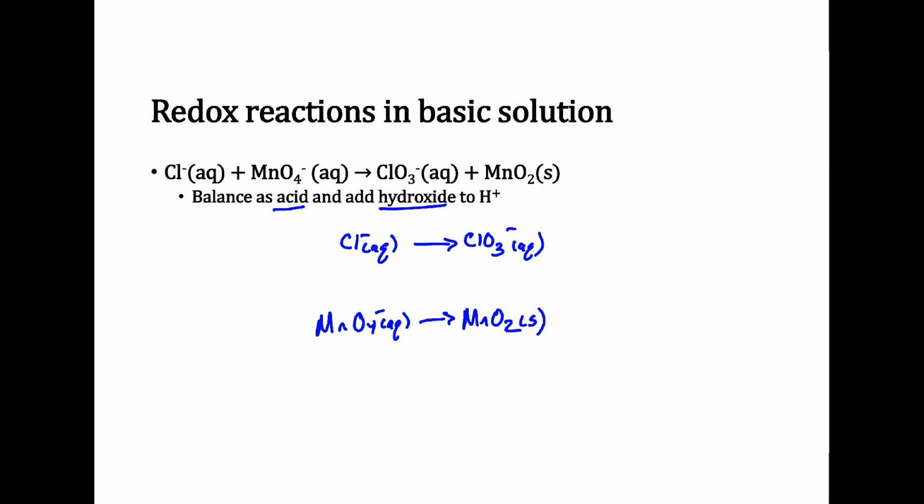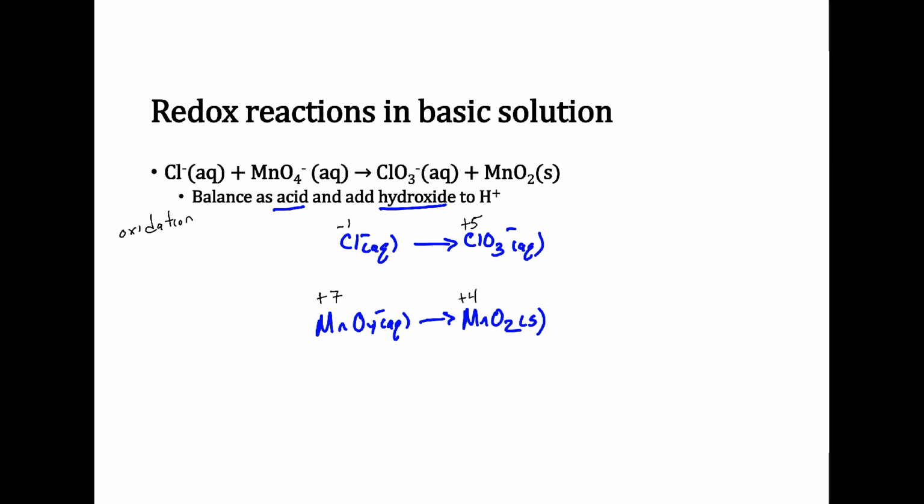So now let's go ahead and try to balance the oxygens. So in the first reaction, we're looking at chlorine, and chlorine's oxidation number is changing from -1 to +5. So this represents oxidation. Whereas for the manganese, we have manganese with a +7 oxidation number going on to manganese with a +4.